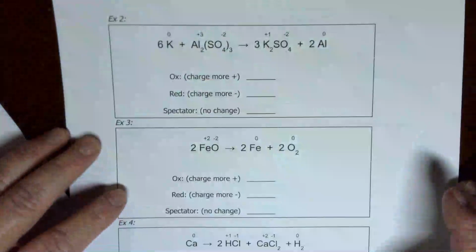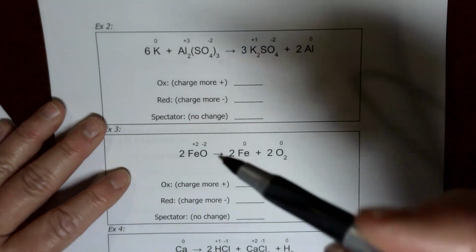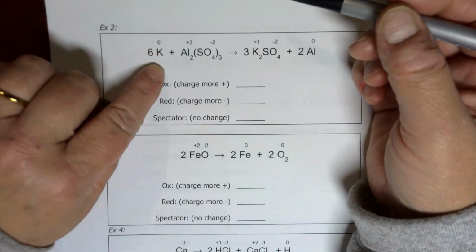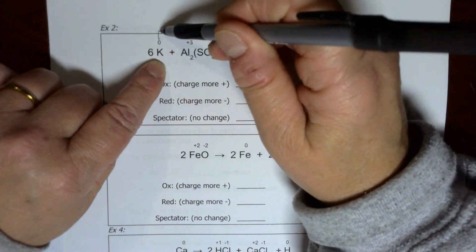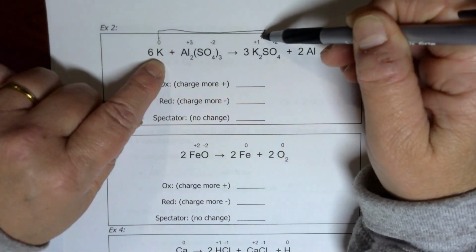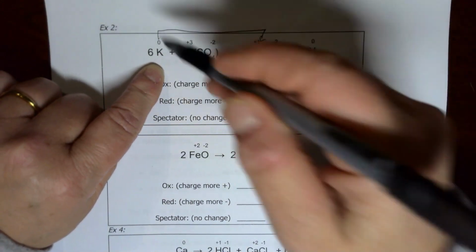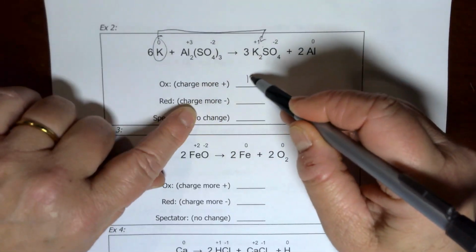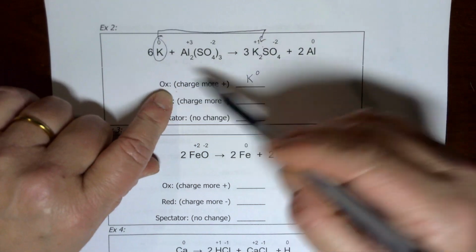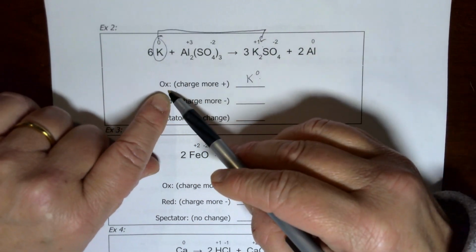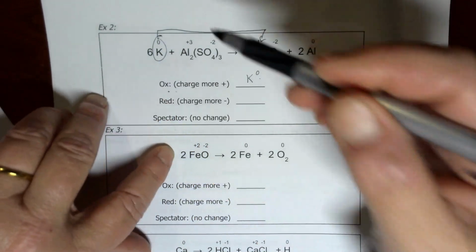Okay, let's look at a few more examples. We've got K0 turning into K +1. So this K0 went from 0 up to a +1, so K0 is what got oxidized. Let's take a look at the aluminum.